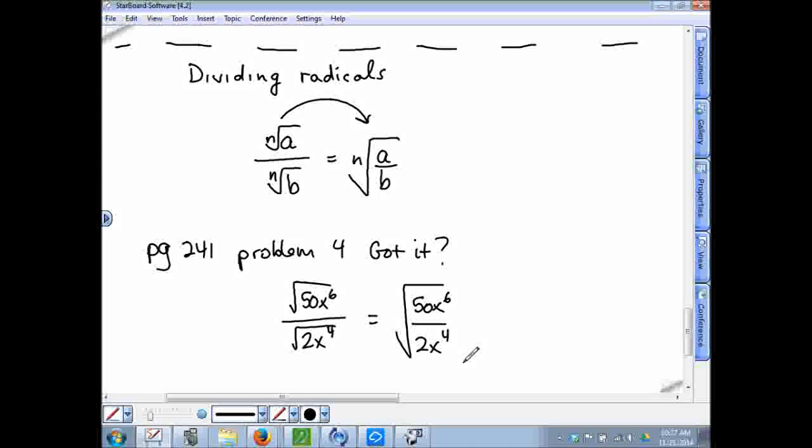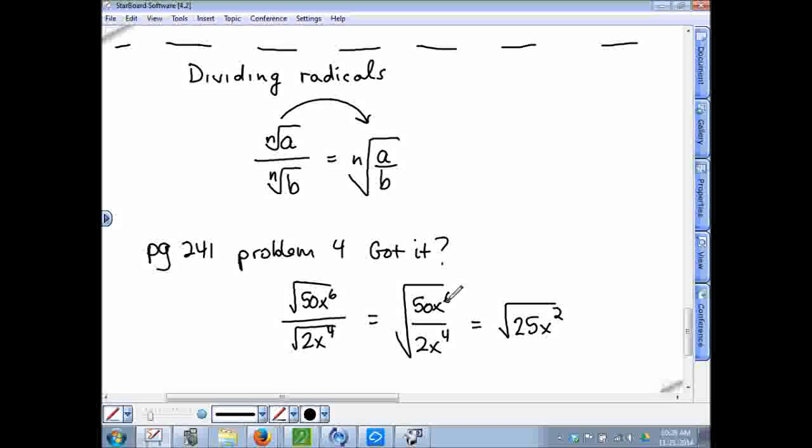If you have 6 x's on the top and 4 x's on the bottom, the 4 on the bottom cancel with 4 on the top, leaving how many? There's 2 on the top, right? You learned last year in secondary 2 when you're dividing expressions, you subtract the exponents. 6 minus 4 is 2.